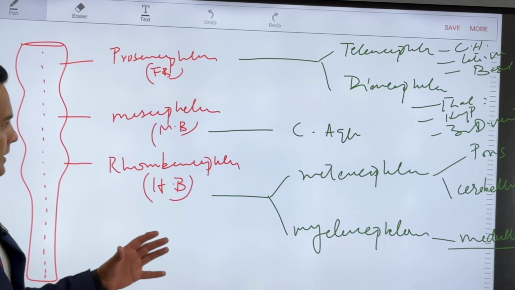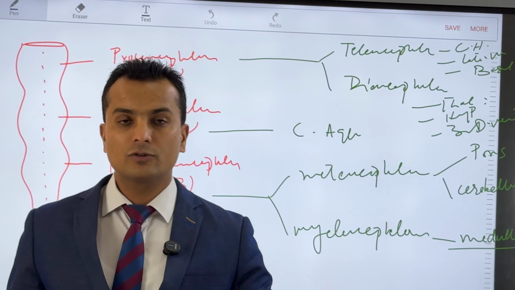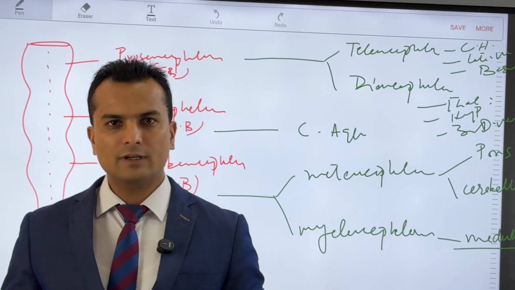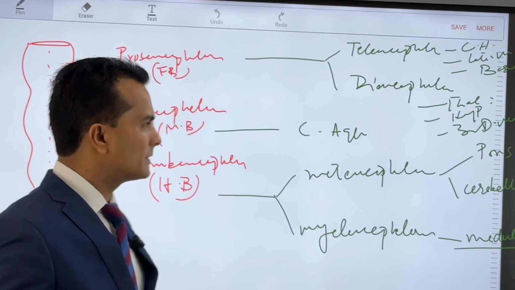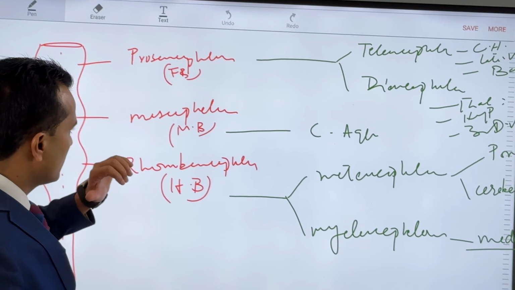We have to understand that development of the nervous system usually starts in the third week of gestation, and this is the responsibility of the ectodermal germ layer. The neural tube has three primary vesicles: prosencephalon, mesencephalon, and then rhombencephalon.